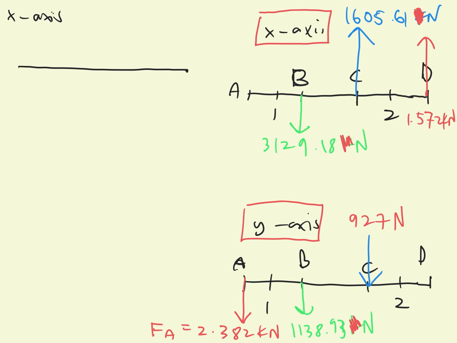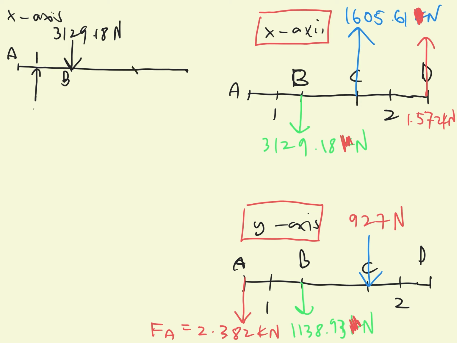for point A there is no force for x-axis, and then at point 1 there is a bearing. For a bearing, usually we assume there is a reaction. At point B we have a force acting downwards, 3129.18 Newton.